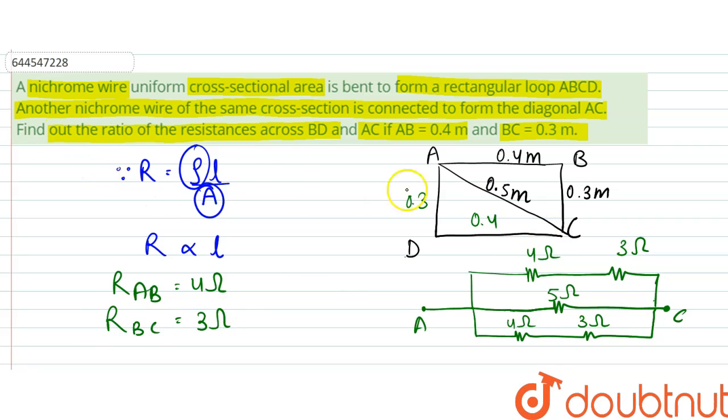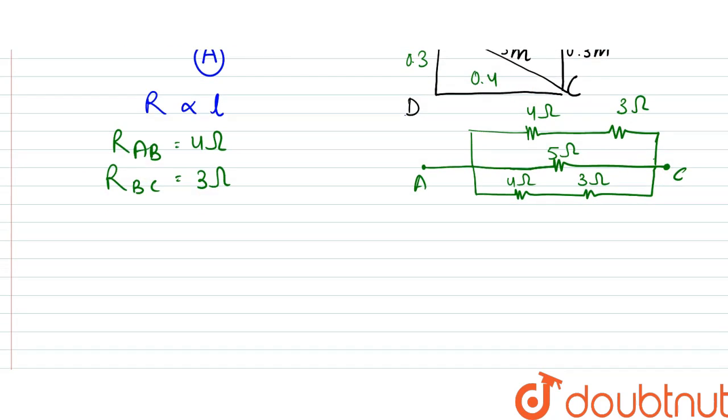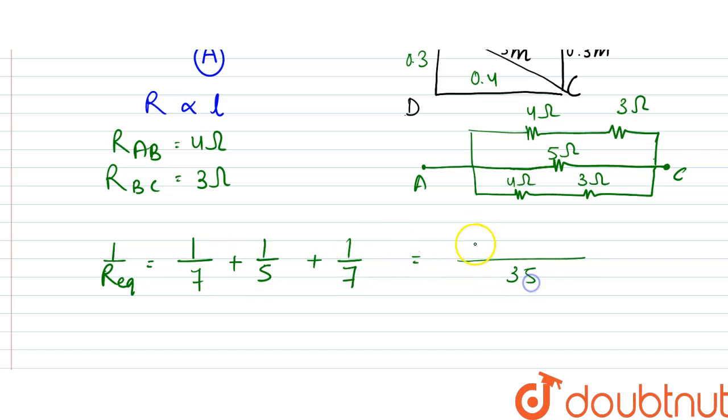So from here what we could say is that the equivalent resistance, 1 by R equivalent, would be equal to 1 by 4 plus 3, that is 7, plus 1 by 5 plus 1 by 7 again. So this becomes 35, and here it would be 7 plus 5 plus 5.